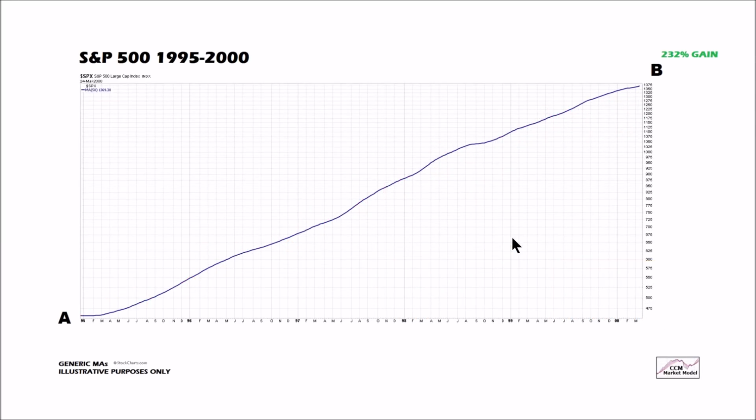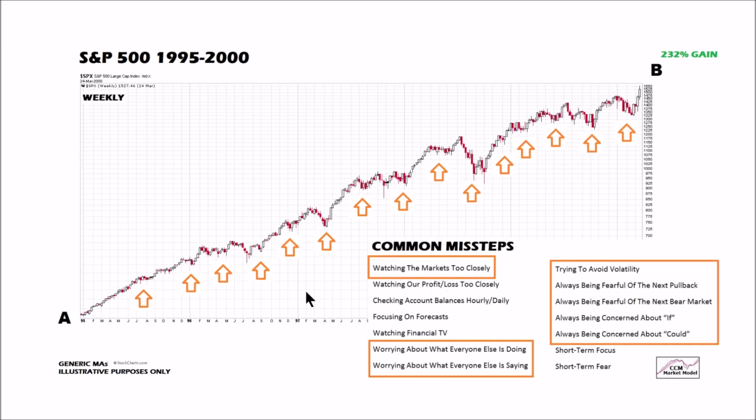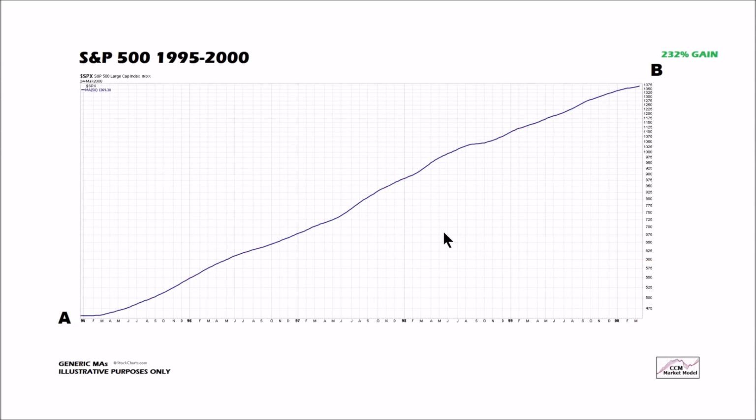Taking a step back and reviewing data on multiple time frames can help us avoid these common missteps, and it will give us a much greater probability of successfully navigating between point A and point B. With the benefit of hindsight, this looks relatively easy. How does the exact same 50-week moving average look today?